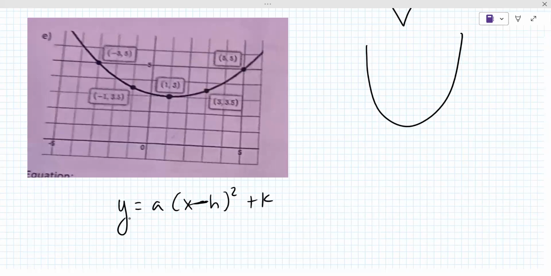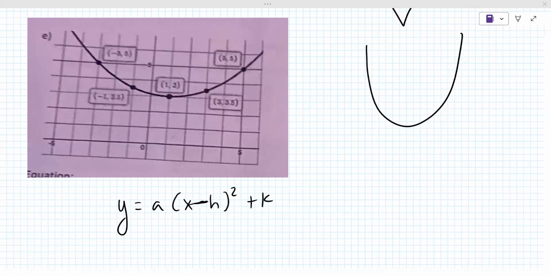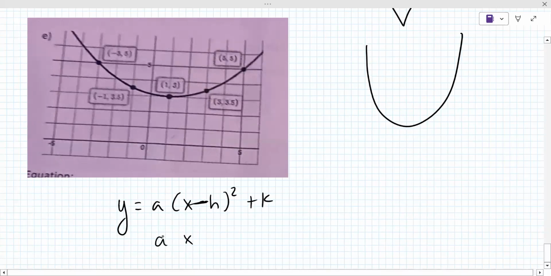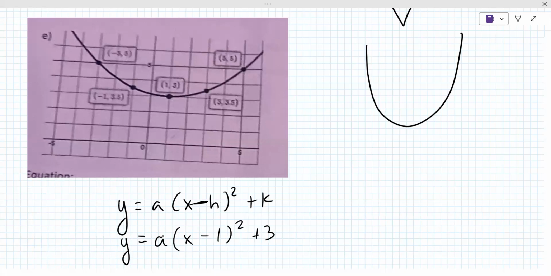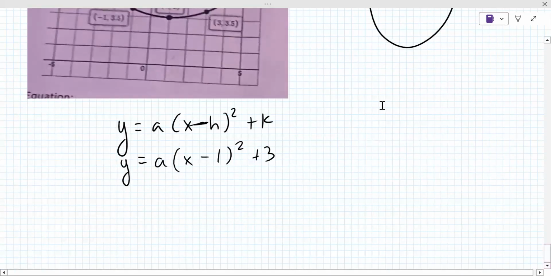All right. Can you tell me the value of h and k in this one? H is 1 and k is 3. All right, so we have a x minus 1 squared plus 3. And then we know that it's 1, 1, 2, 4.